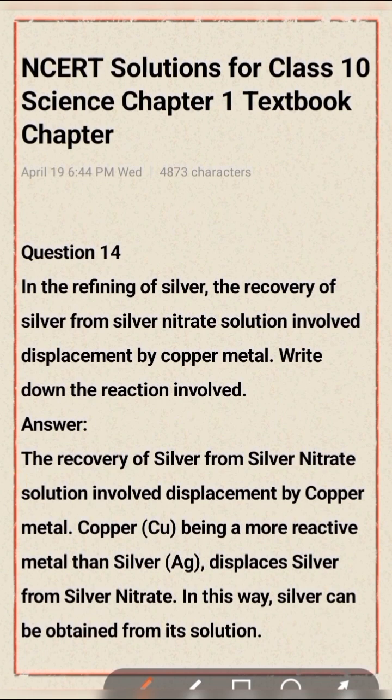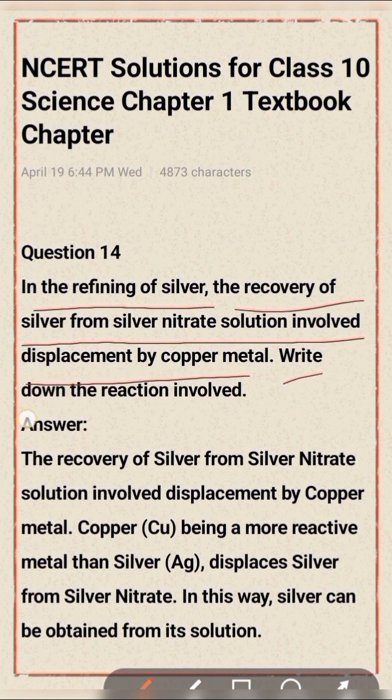In the refining of silver, the recovery of silver from silver nitrate solution involves displacement by copper metal. Write down the reaction involved.